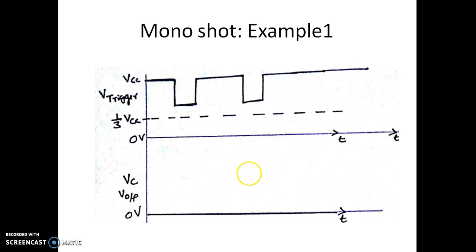The output voltage is always 0 because the trigger signal is not at all going below VTL. So it is always necessary that we should not only see the shape of the signal, we should also see whether the voltage is going below VTL or not. Unless it goes below VTL, the output remains in the stable state.